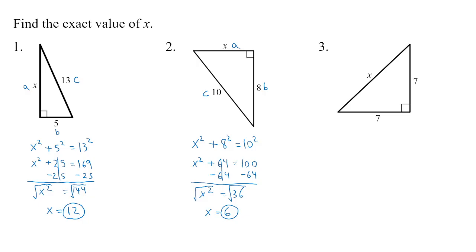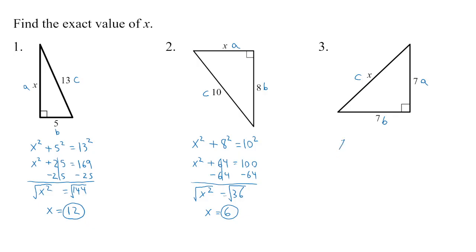On number 3, we're going to label our sides. C is the hypotenuse. The other two sides, A and B. Next, we use the Pythagorean Theorem to set up the equation.